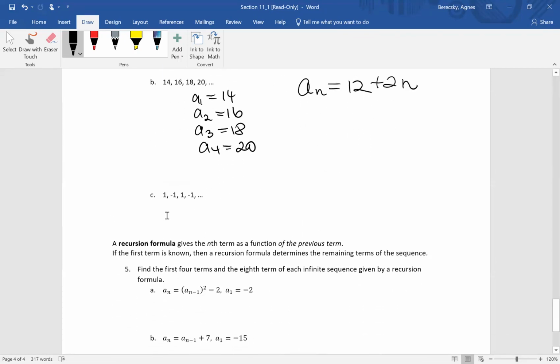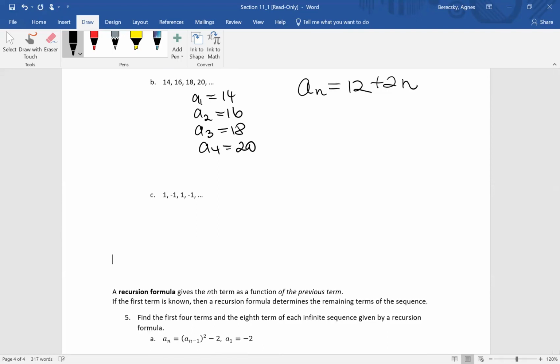And lastly, we have a pattern which is going between 1 and negative 1. So that could be A1, A2, A3, A4. A1 is positive 1, A2 is negative 1, A3 is positive 1, A4 is negative 1, dot, dot, dot. So the nth term will be, this is to a positive.